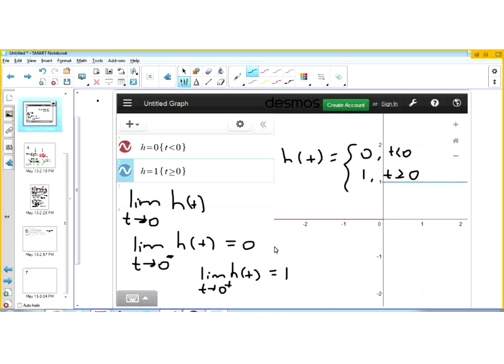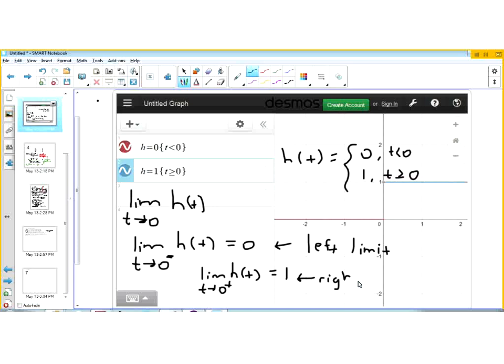Okay, so there's the piecewise definition. And notice that the left limit, this is called the left limit right here, and this is called the right limit, for obvious reasons.